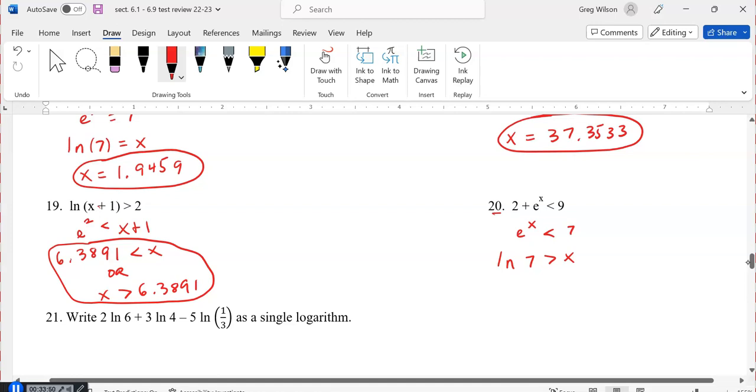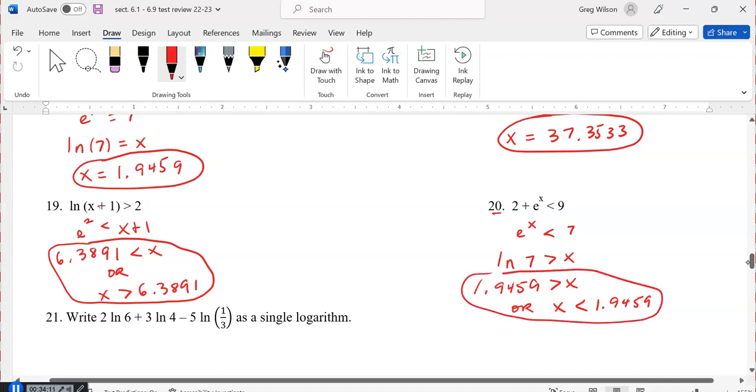And go to your calculator. 1.9459 is greater than x, or again, you could turn it around if you like. Either one of these is fine. You don't have to have both.